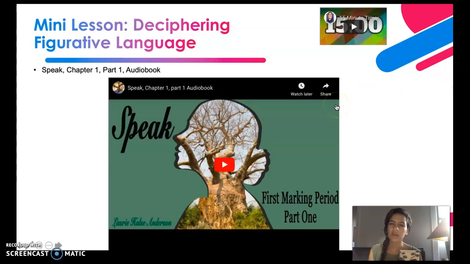So now we're going to read it all together. Please open up your books to page 3. Okay, so everybody should be on this page. Very good. We're going to have the first page.